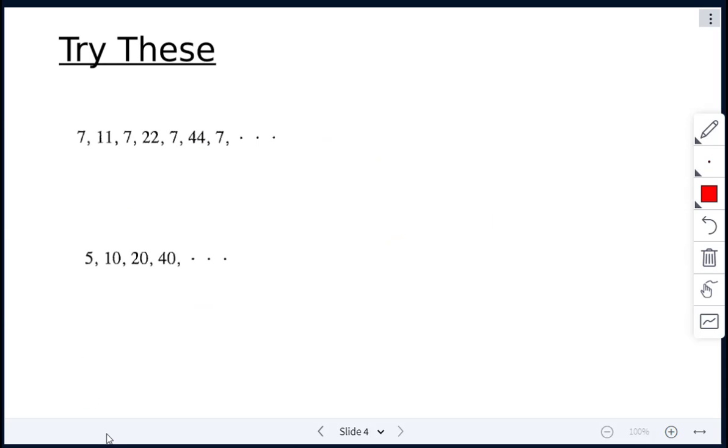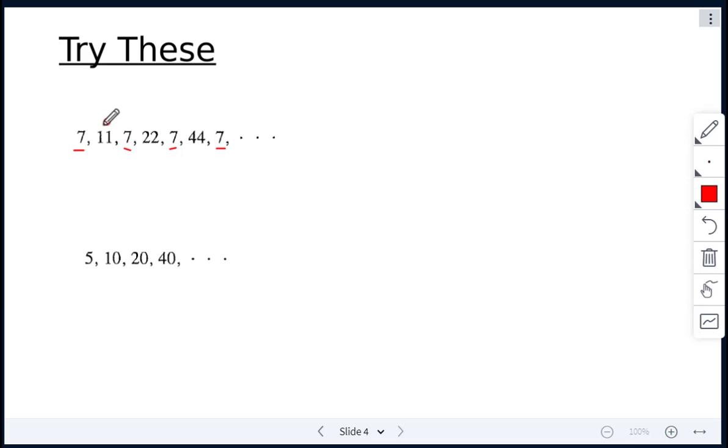All right, our first example here: 7, 11, 7, 22, 7, 44, 7, and then let's come up with the next three numbers. The 7 is staying the same every other number.